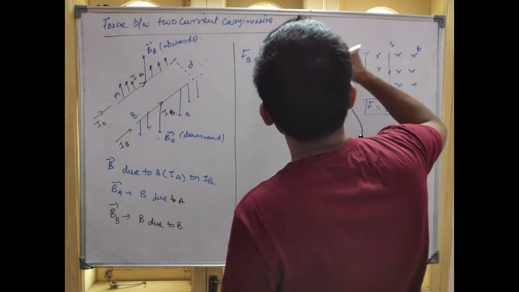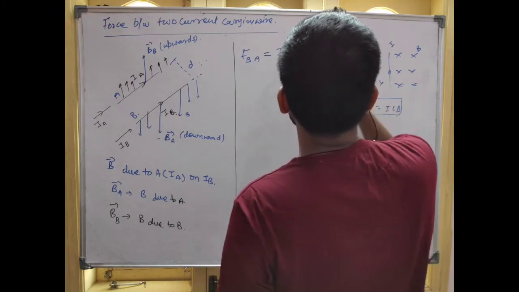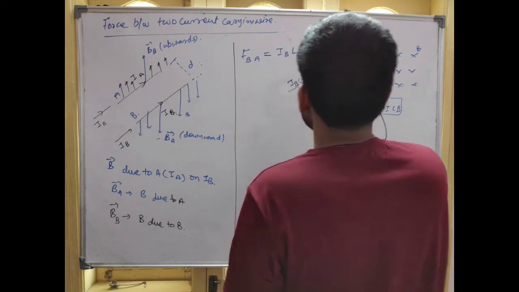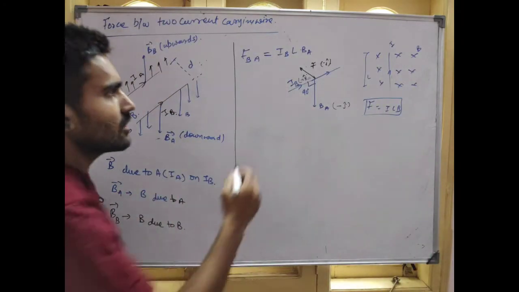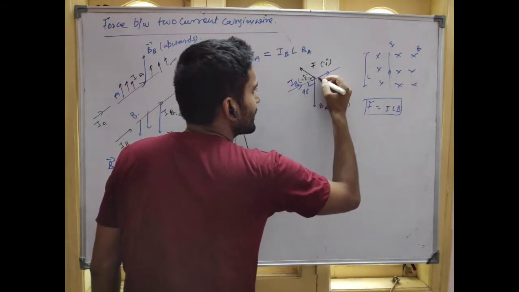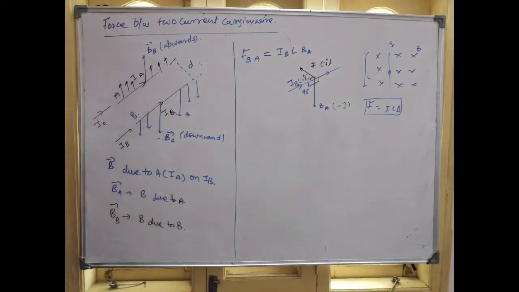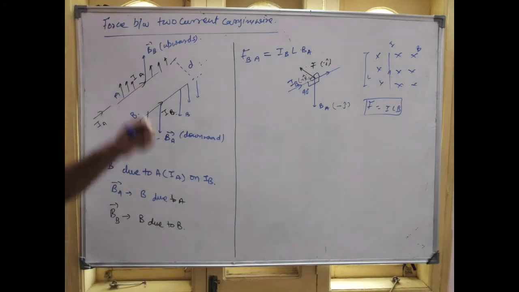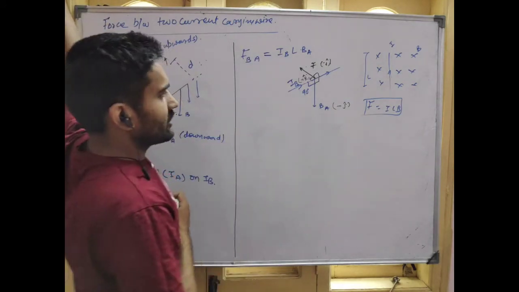Okay. So F will be in the minus i direction, right? Now it is making 90 degrees with this, and 90 degrees with this also. So I think we are correct because it is making 90 degrees, right?